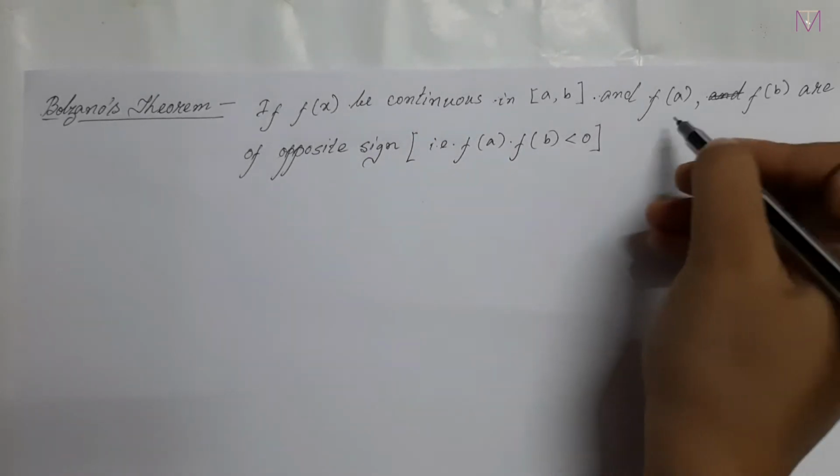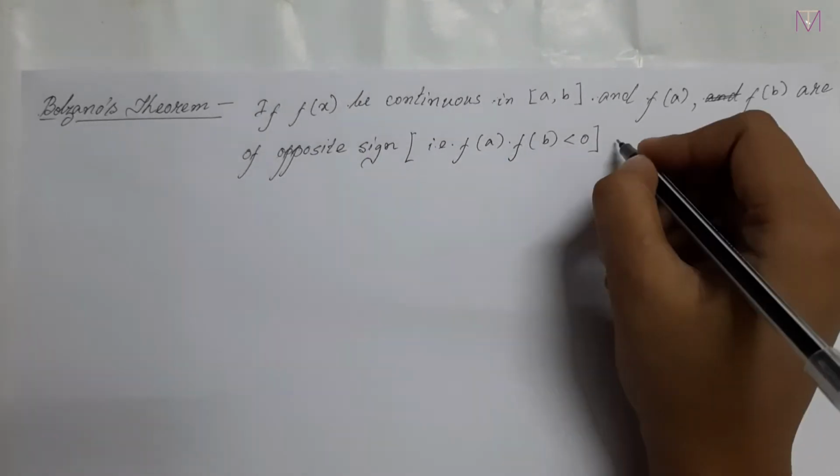If both are of opposite sign, then obviously this is less than 0.